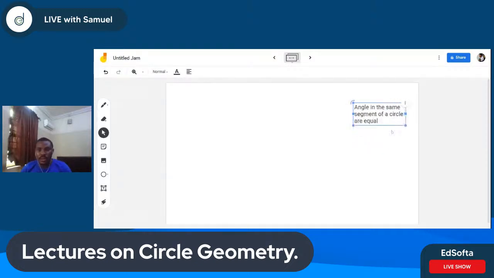This can also be written as: so far as two lines subtend the same arc, they have the same angle. It can also be said like that, but this is an illustration.